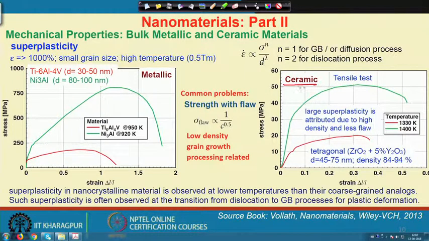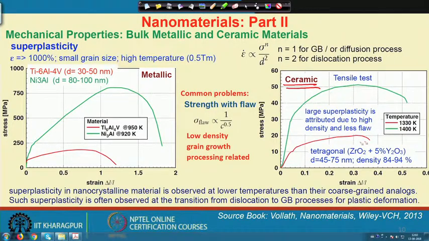Now, is it true in the case of ceramics, which never show any plastic strain in a uniaxial stress strain plot? See, here we have taken a tetragonal zirconia, which is nanocrystalline, 45 to 75 nanometer, with a density that is relatively high compared to other materials, and we have stabilized the tetragonal phase using 5% yttria.